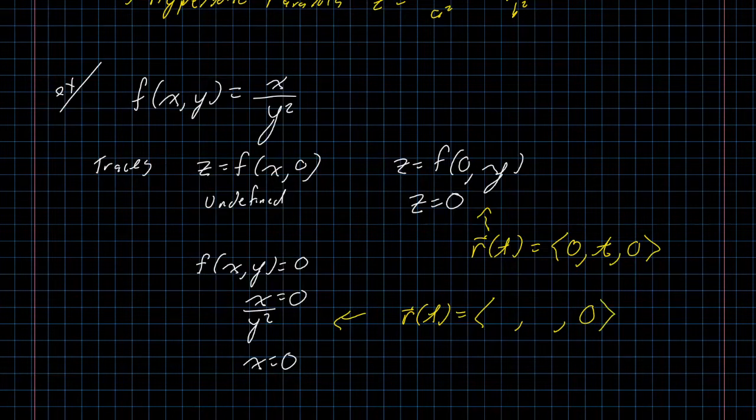We tried to solve for y in terms of x or x in terms of y. We got out that x was equal to 0, and we really didn't say anything about y. Right, so those two traces actually turned out to be the same thing. We can put them into our function, but it doesn't gain us all that much.